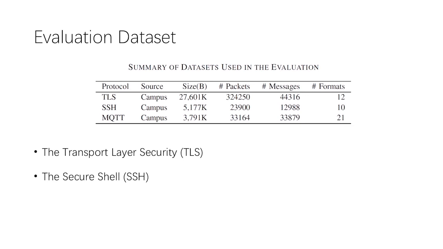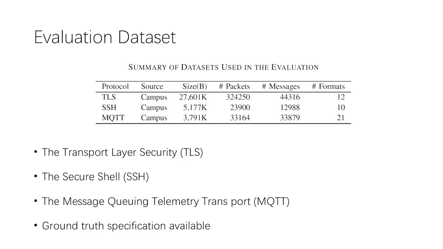SSH is a binary application protocol that provides a secure communication channel for the client and server. MQTT is a lightweight, unencrypted message protocol that is designed for IoT communications. The ground truth specification details of these three protocols are available in the online RFC documents and OASIS standards.